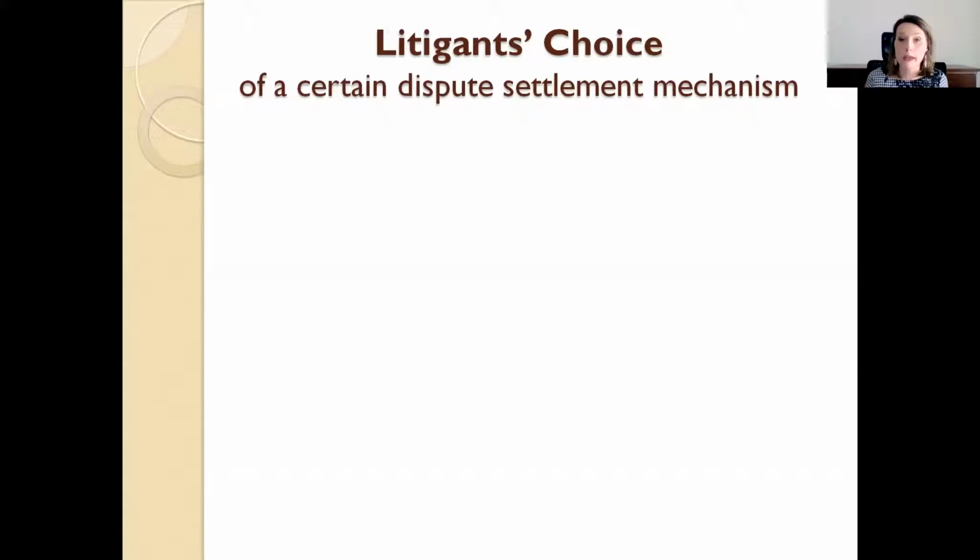Different factors weigh on litigants' choice of a certain dispute settlement mechanism. One of them is certainly the cultural factor. In this course, we have often emphasized to what extent civil procedure and dispute resolution mechanisms are deeply intertwined with historical, cultural, social, economic, and legal backgrounds. More precisely, we have highlighted that due to their legal cultural backgrounds, some legal systems, such as the Italian one, have traditionally been characterized by a court-centered view.